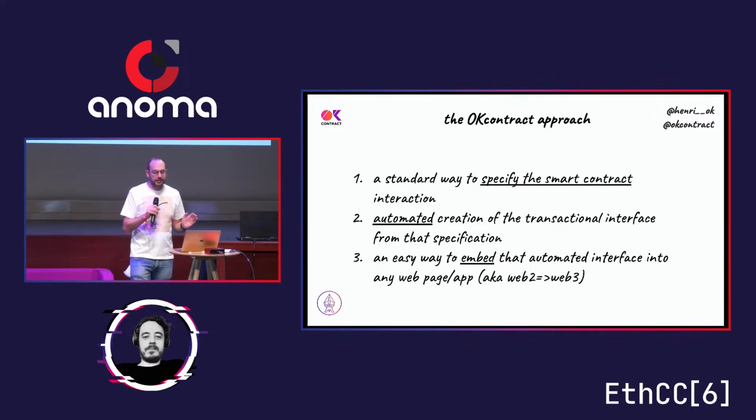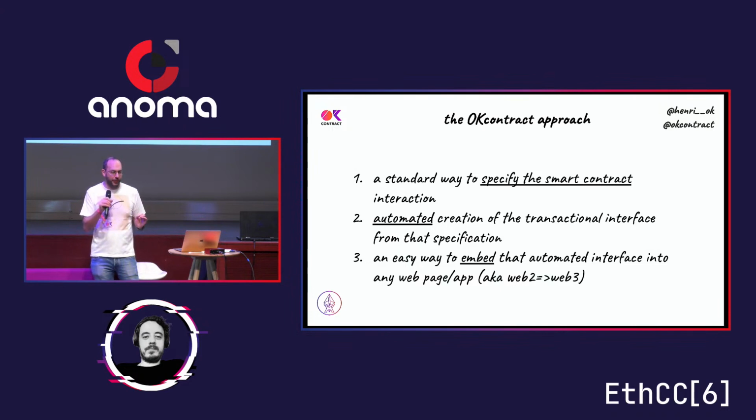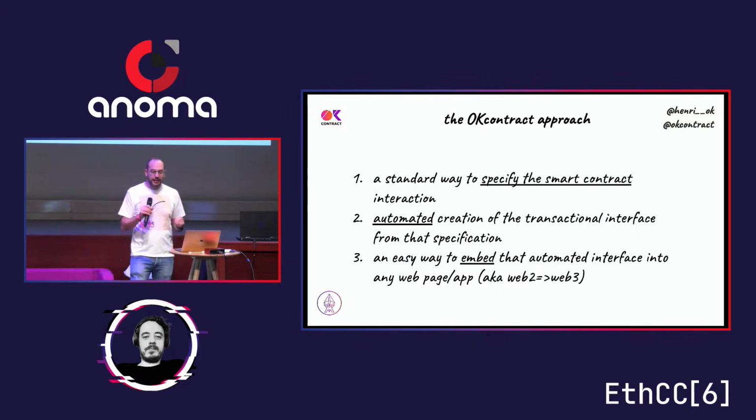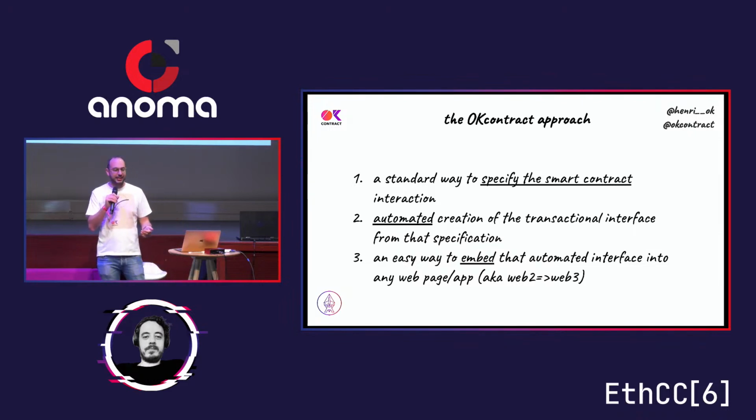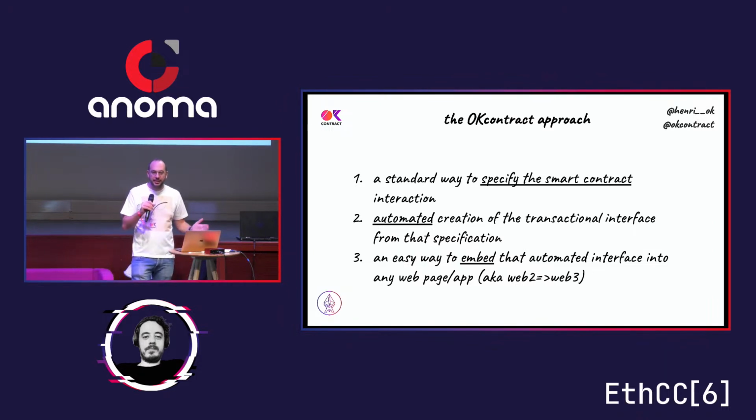And we found out that the approach to solve this revolves around 3 things. First, a standard way to specify the smart contract interaction. Then, we want to automatically create a transactional interface from that specification. And it has to be a generic approach, not something that you do manually for every contract and for every method.